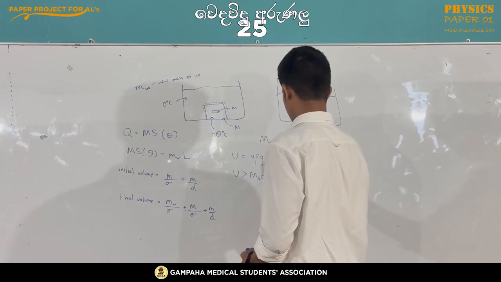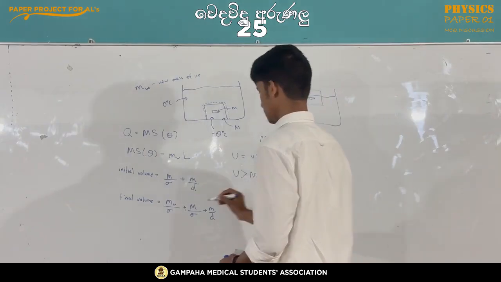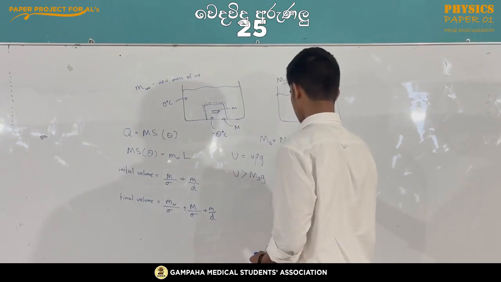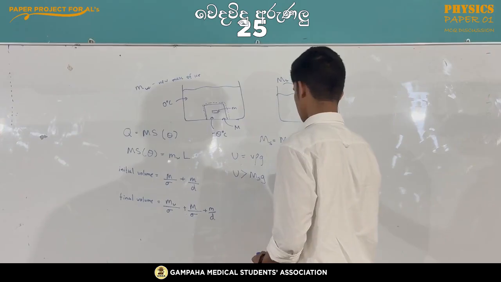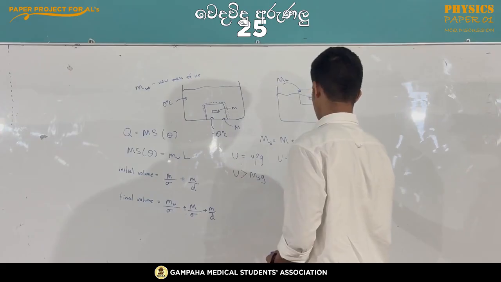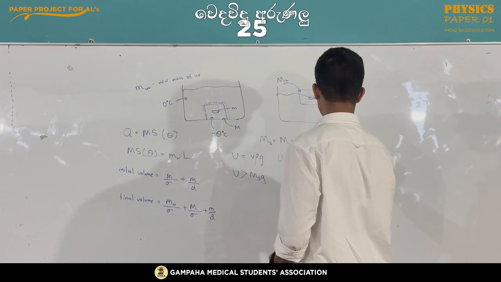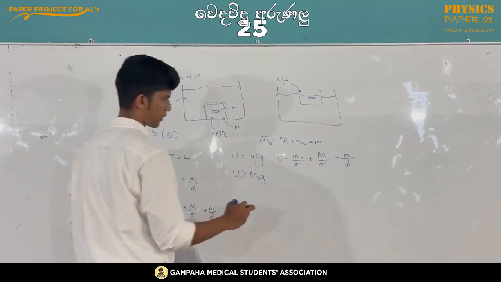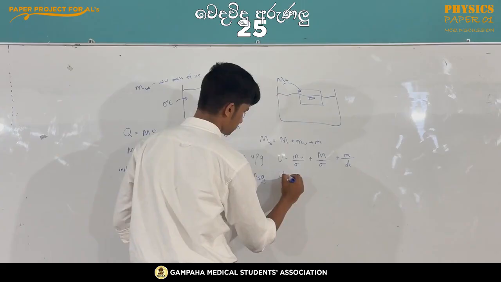Let's find the upthrust first. Upthrust will be equal to the total volume, this is the total volume.